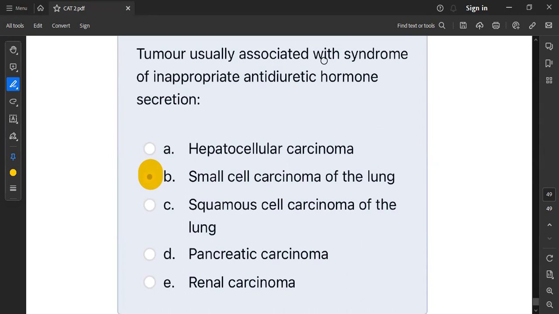But the correct response for this was B, where you have ADH being produced by the small cell carcinomas of the lung.